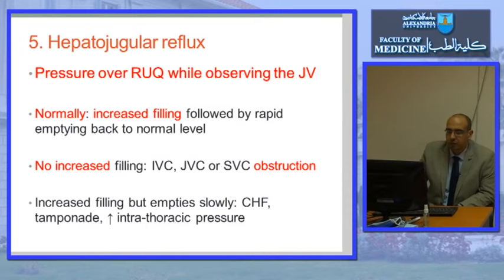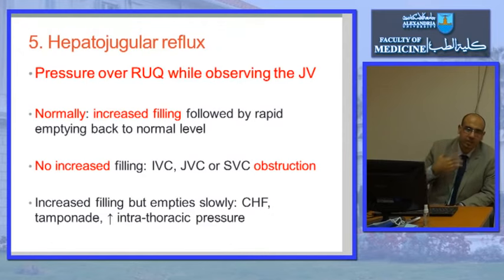Hepatojugular reflux is done, and we will see it on clinical examination on the patient. It is elicited by applying pressure over the right upper quadrant while observing the jugular vein. I will do pressure on the right upper quadrant and look at the jugular veins. Normally there is increased filling of the neck veins. I compress on the hepatic vein, causing more blood to pass to the inferior vena cava to the right atrium, and it will pass through the superior vena cava to the neck veins.